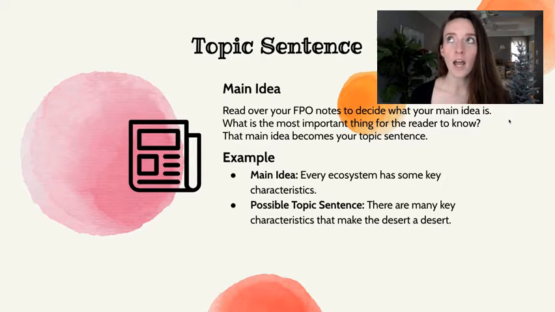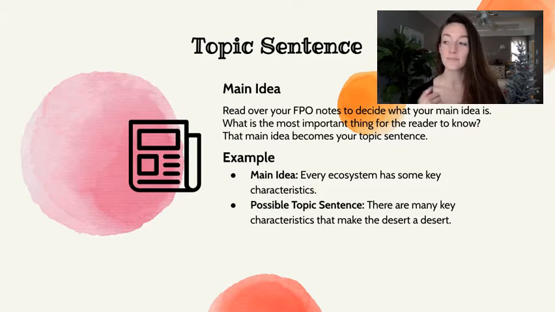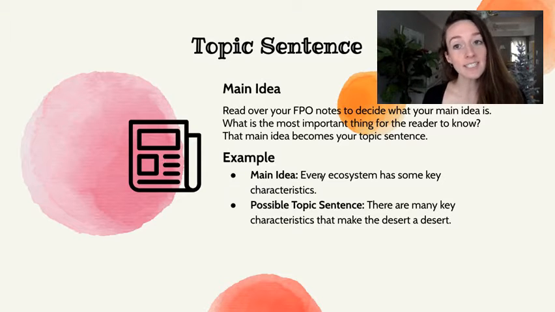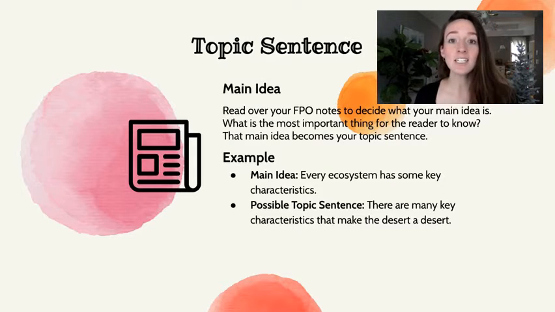So for RQ number 1, that research question topic was about key characteristics of your ecosystem. So for example, if you were studying all of the ecosystems, which you're not, but if you were, your main idea might be something like, every ecosystem has some key characteristics. It's a very basic sentence, your main idea.